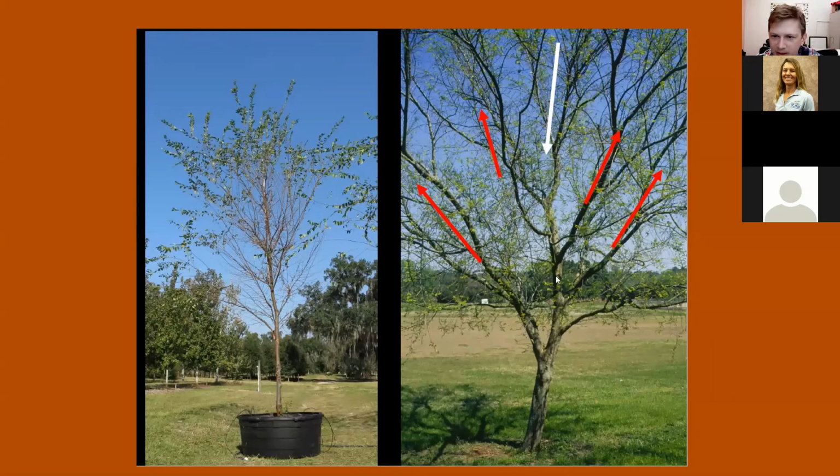You can see the central leader here, and this is a tree that hasn't had any pruning since it was put in the ground, and this would be the ideal leader. They should have at some point reduced these stems. There are a couple of ways you can do this, but basically pruning them so that they're not competing with the leader so much.